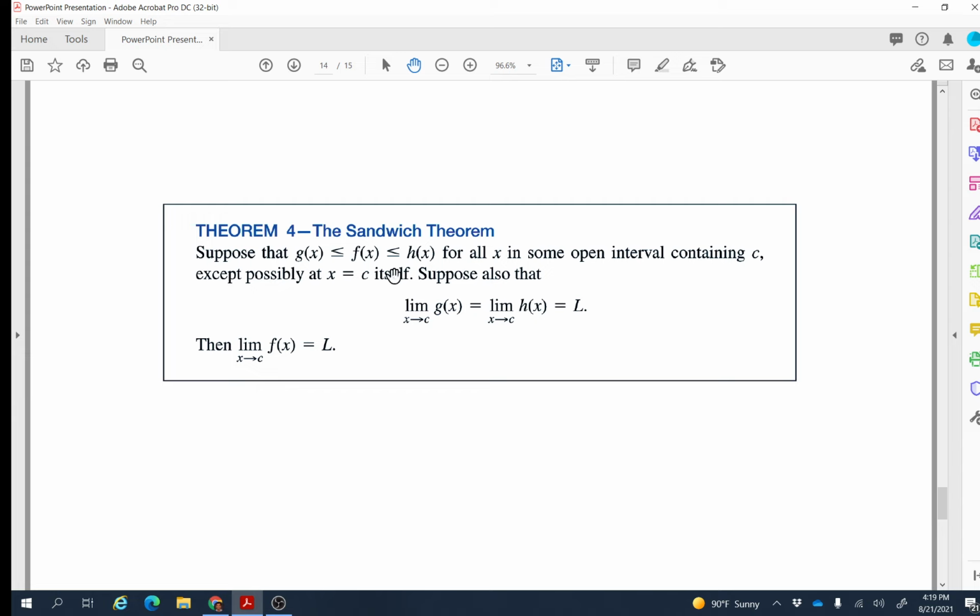So if the limit on the left side and the limit on the right side are the same common value as x approaches c, then the limit of the middle function should be the same value.